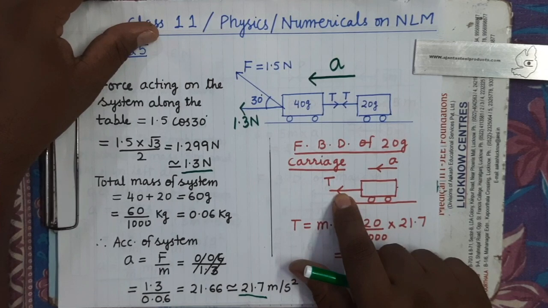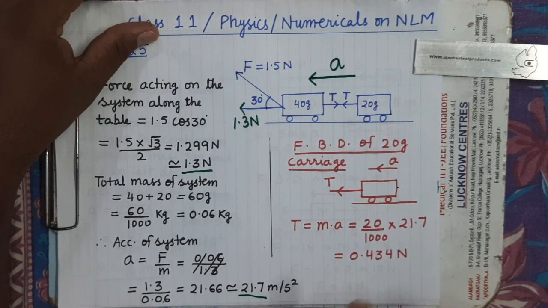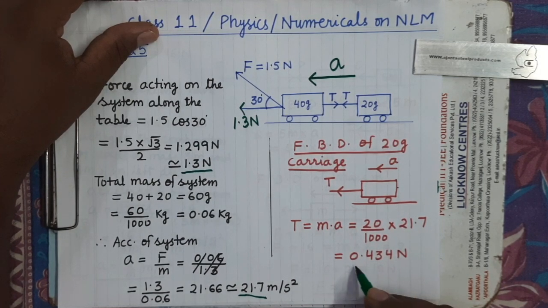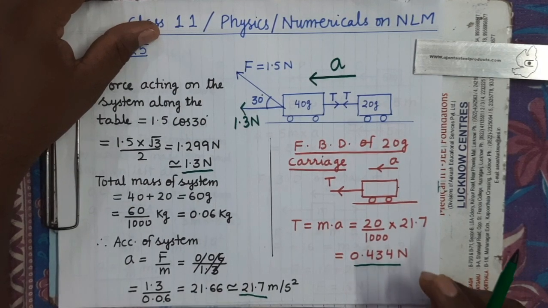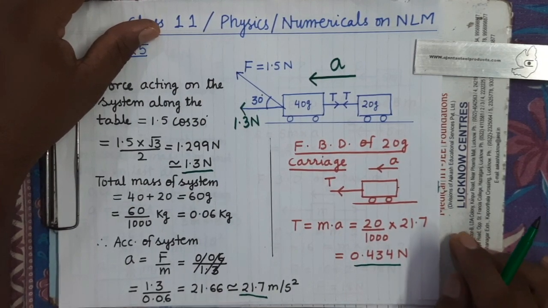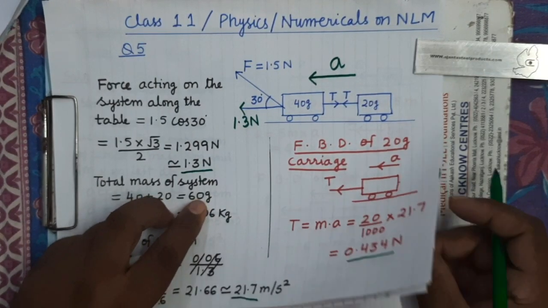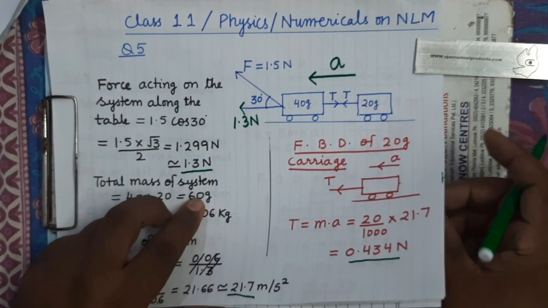Force acting is T. What is mass? Mass is given 20 gram, so 20 upon 1000. Acceleration you have already determined, so 20 upon 1000 into 21.7. So T comes out 0.434 Newton.